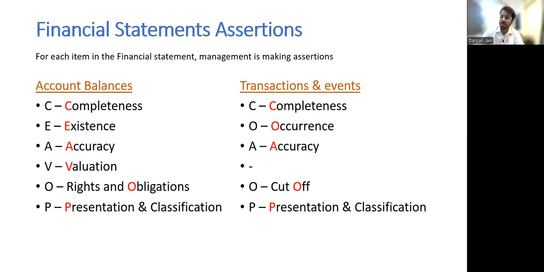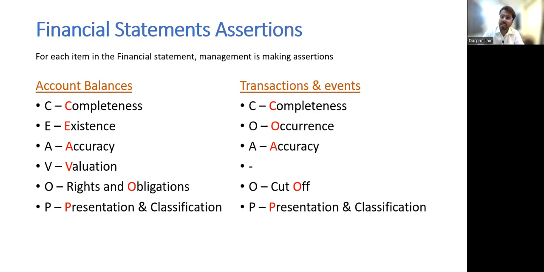If it's not their obligation, it cannot be shown as their liability, right? So rights and obligations. Over assets, the company should have ownership rights. Over liabilities, the company should have what? The company should have obligation for those liabilities. So rights and obligations.